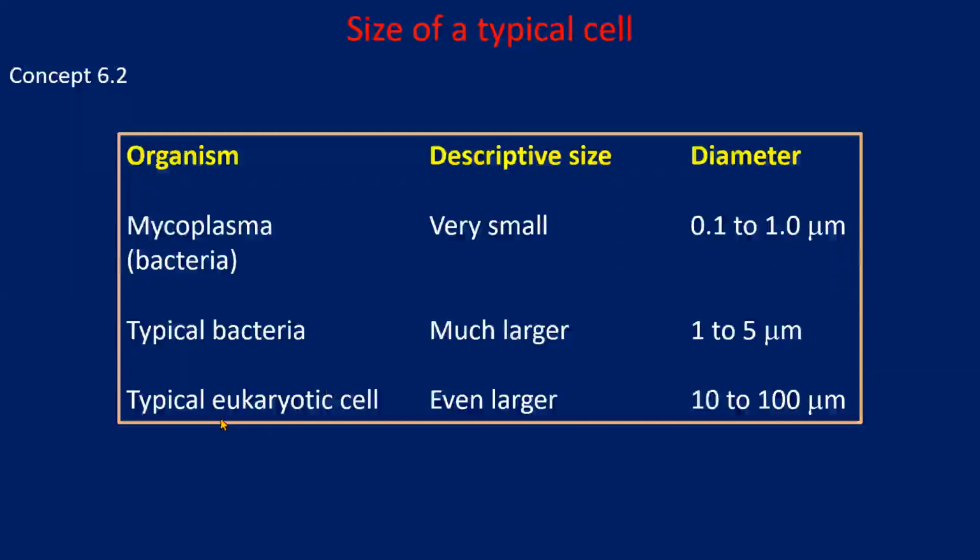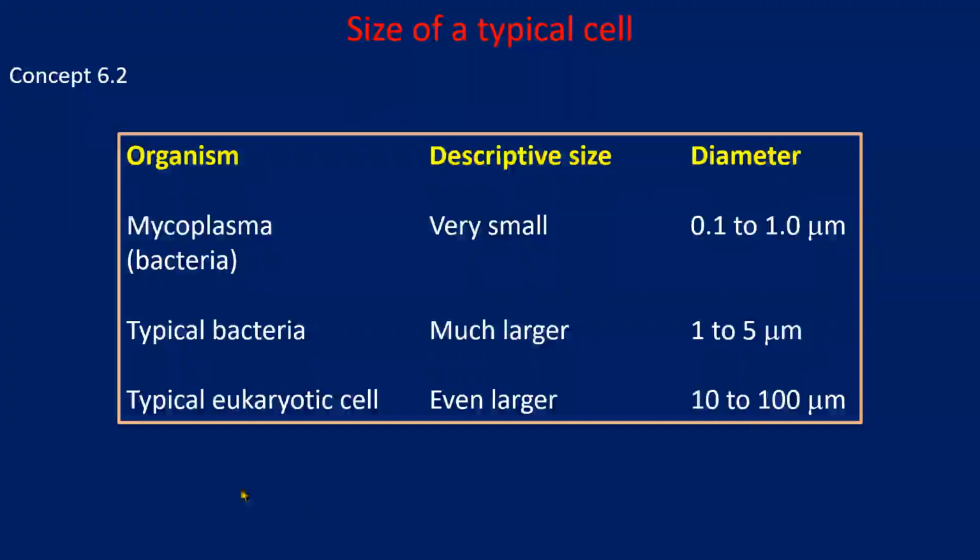And a eukaryotic cell is a little larger than the bacterial cell, and that could be 10 to 100 micrometer. So when you think about the diameter across the bacterial or eukaryotic cell, the magnitude change is 100 times or so.